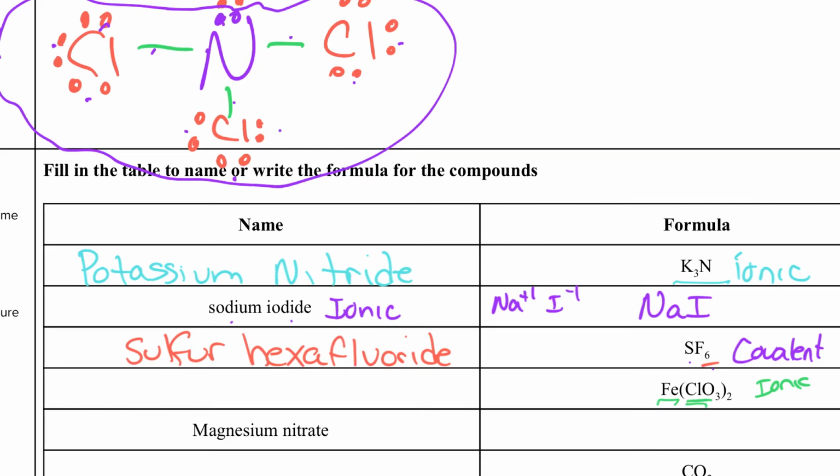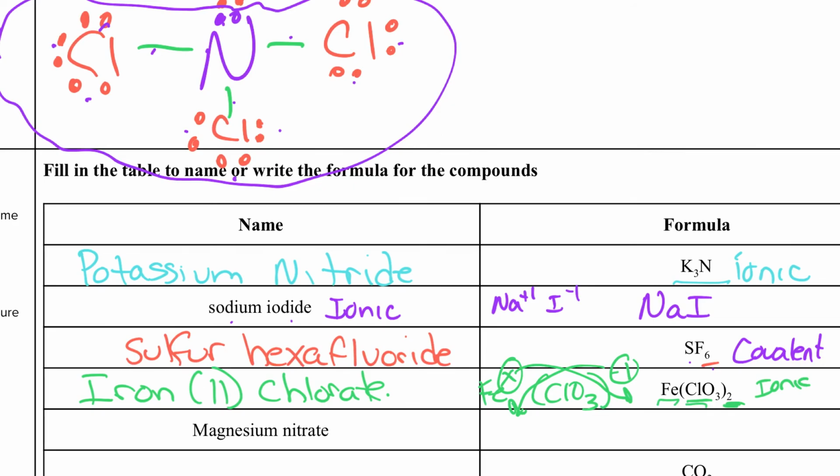So we have our Fe, and we don't know its charge, but ClO3 always has a -1 charge. So when we crisscross it, this X here, the charge on iron, is going to be the subscript on the chlorate ion. So it's iron 2 chlorate.